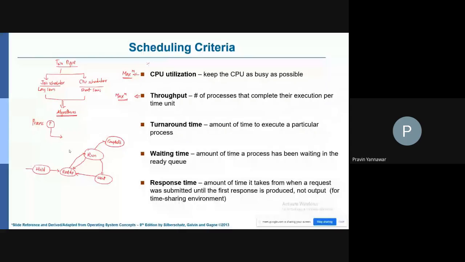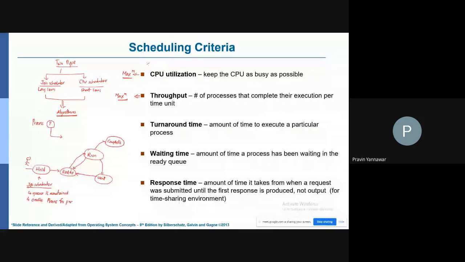Whenever a user submits a task, it comes to the hold state where the job scheduler exists. Here a queue is maintained, and the process is created. The job scheduler creates a process for the process scheduler.